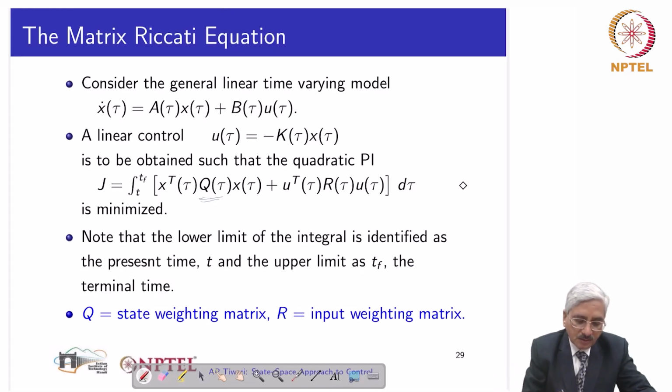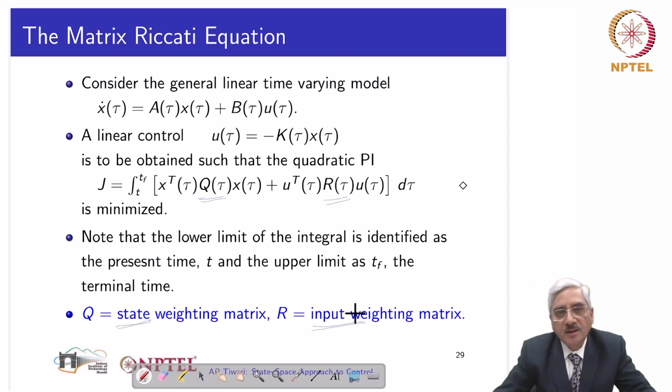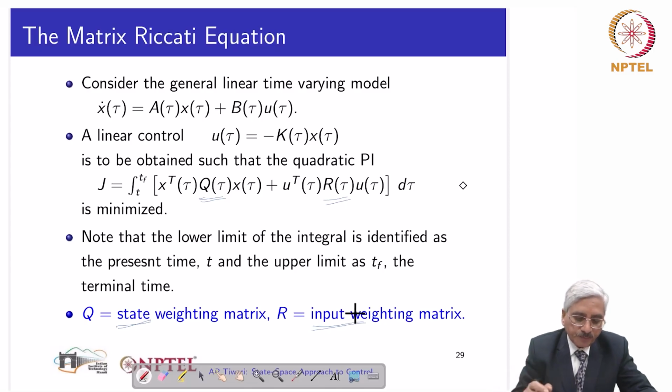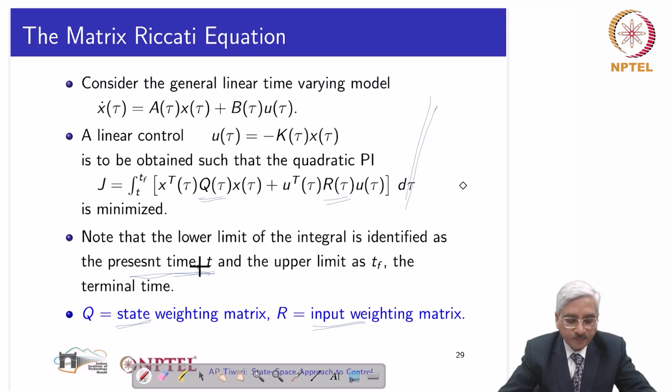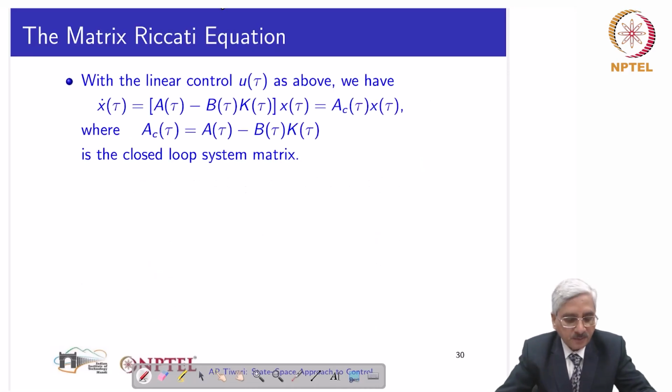Of course, in this Q and R are respectively called the state weighting matrix and the input weighting matrix. So we are interested in this problem, from now on till t_f, in the control problem.